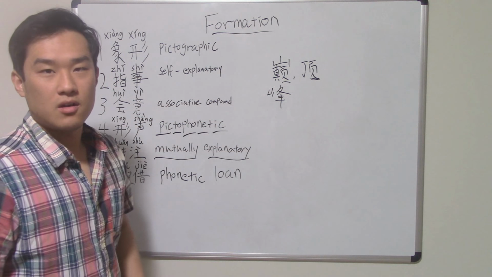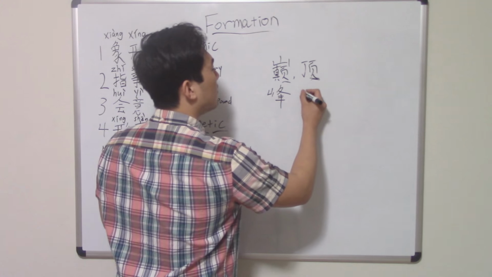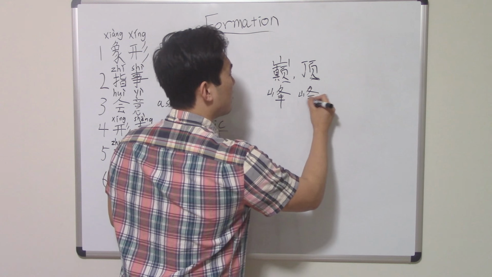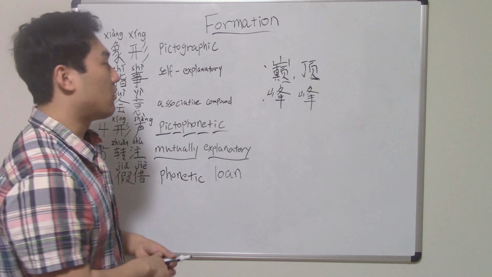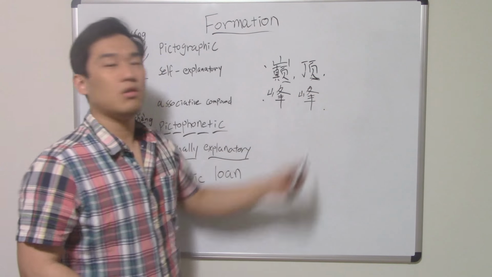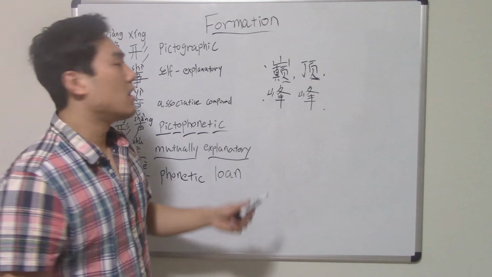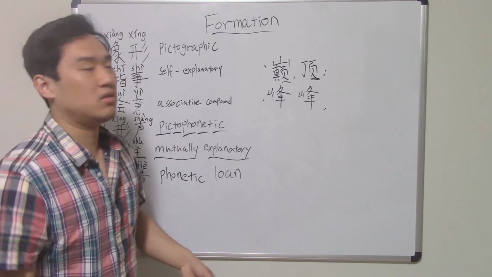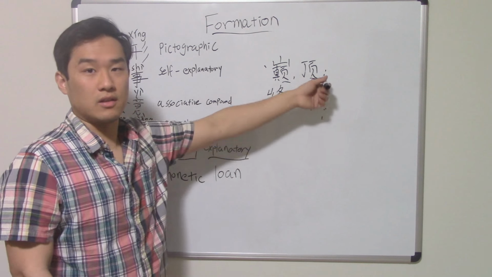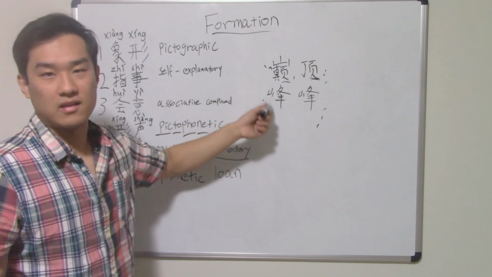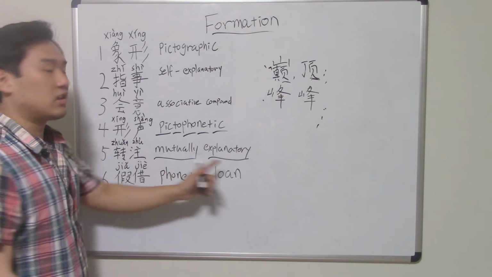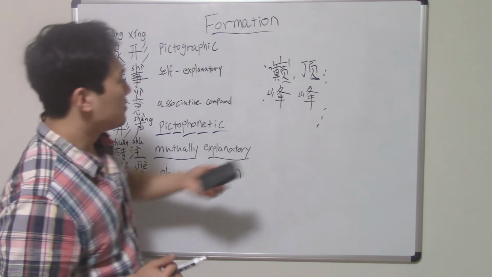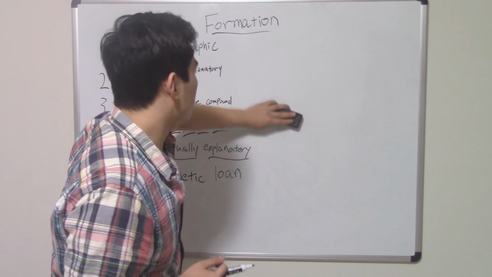Or you can say 顶峰, the same character here. 巅峰 means you peak on top of something. 顶峰 also means the same, on top of something. 顶峰 would be like the top of a mountain, 山的顶峰, or 山的巅峰, and I think that makes sense as well. So that's what mutually explanatory means. Okay, so that is number 5.